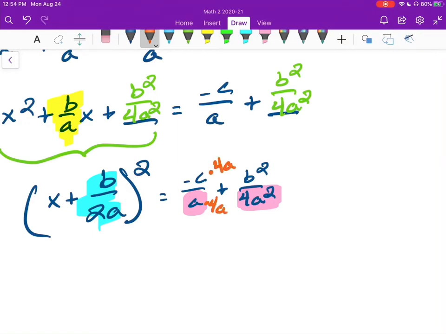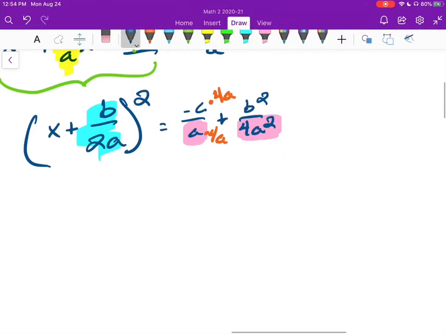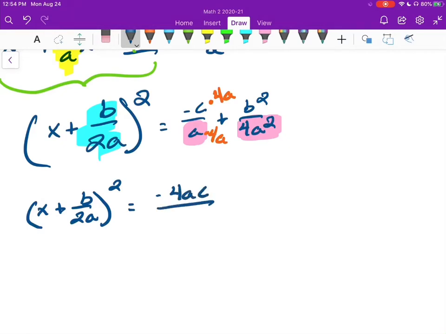So I'm going to multiply the top and the bottom of the negative c over a term by 4a. So my next statement is going to be x plus b over 2a quantity squared equals negative 4ac over 4a squared plus b squared over 4a squared.